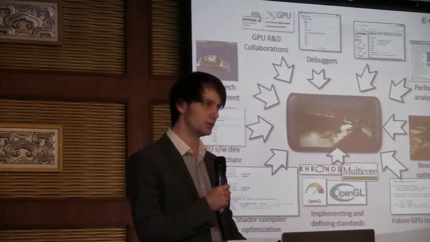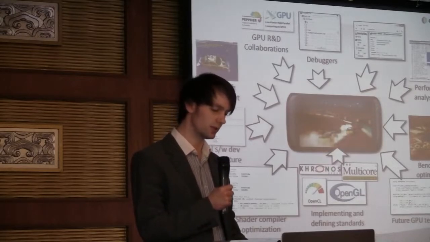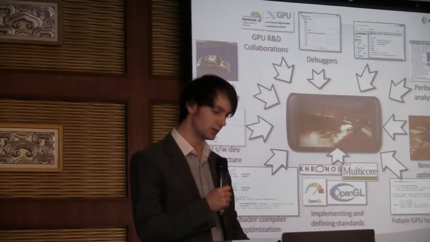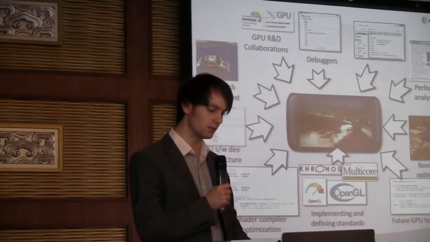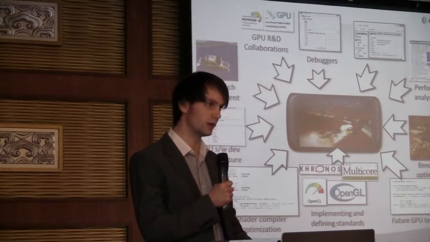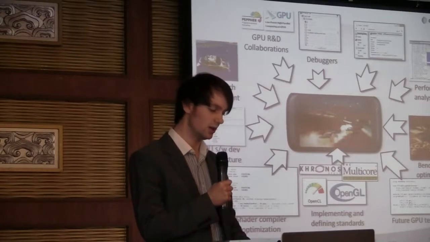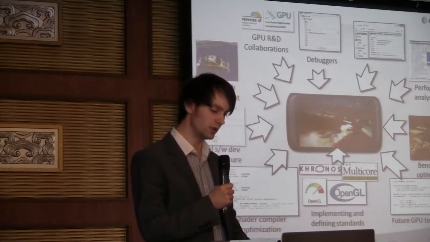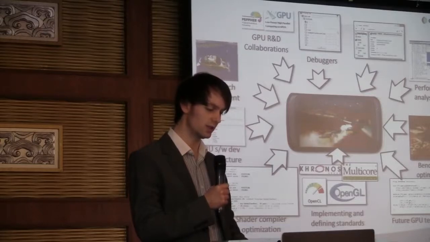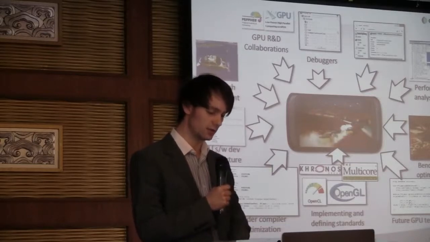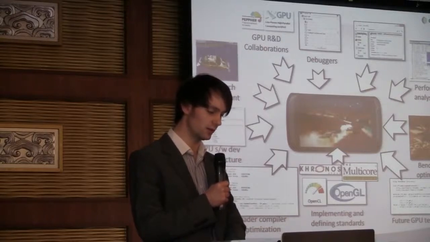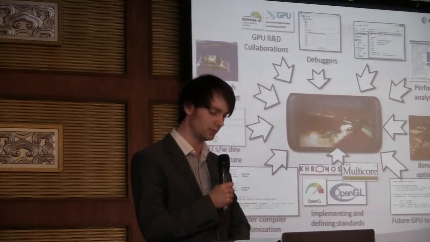OpenCL and OpenGL Khronos standards are very prominent in all our technologies. This includes our game development research, our shading compiler optimizations, our OpenGL shader research, and OpenCL compute research as well. So all our technologies are very involved with OpenCL and OpenGL.